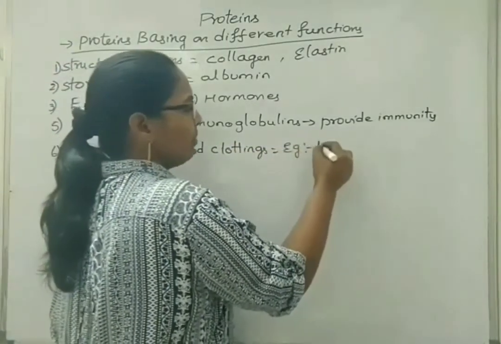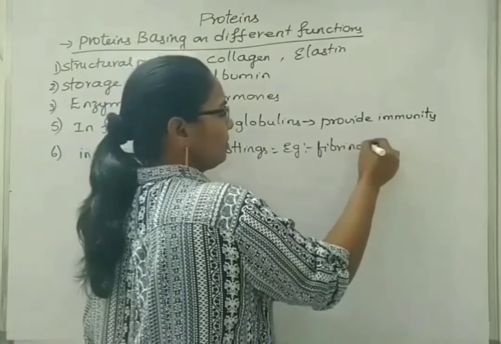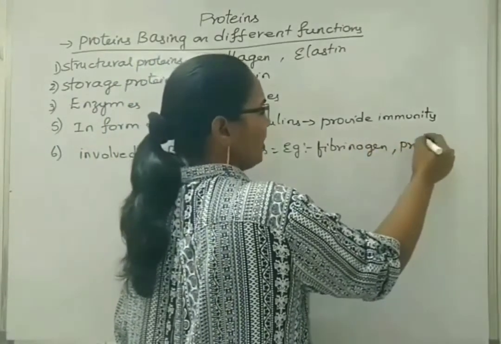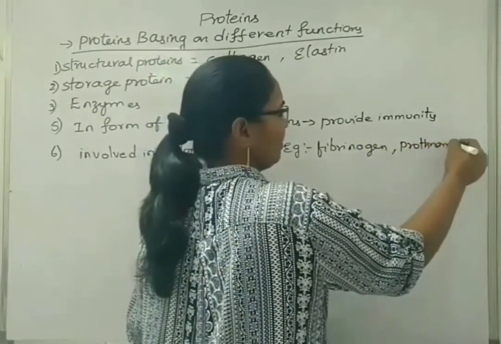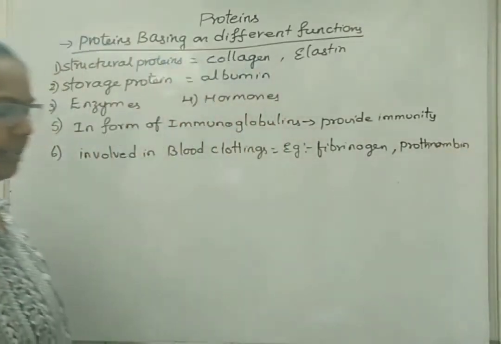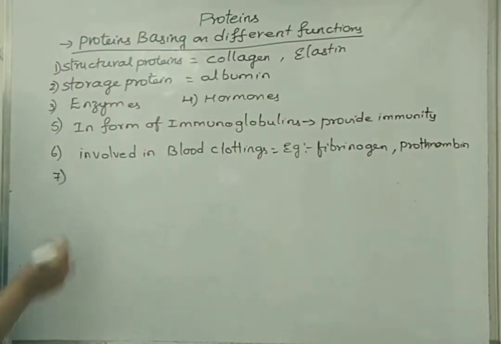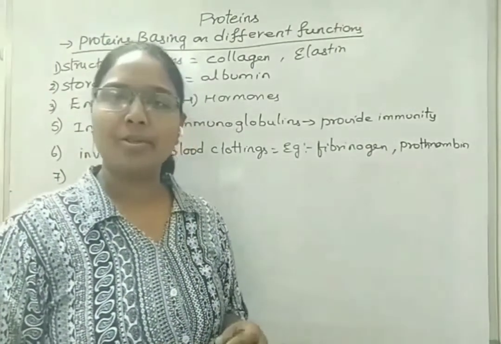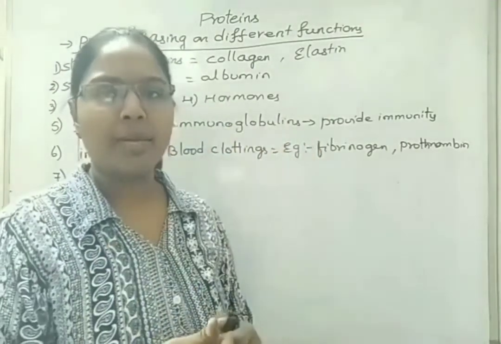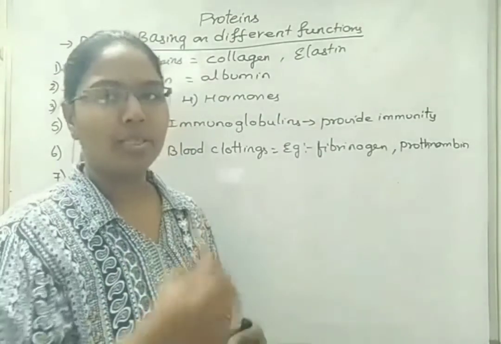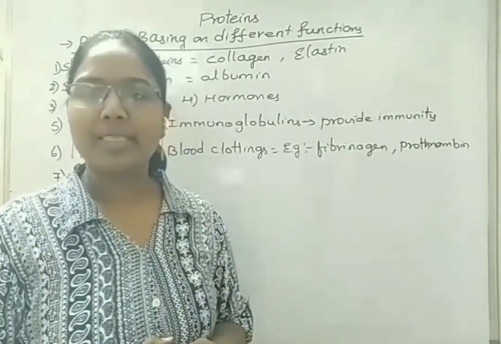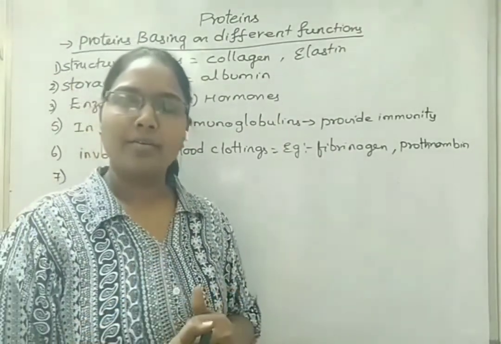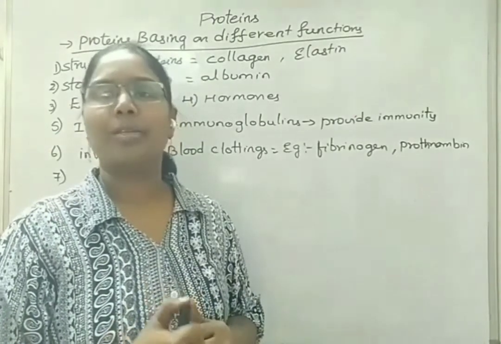Example, fibrinogen and prothrombin. Next, proteins also support in transportation of different solutes or different solvents from outer to inner part of the cell or from inner to outer part of the cell. We can take best examples as porins, and for water transportation, aquaporins.